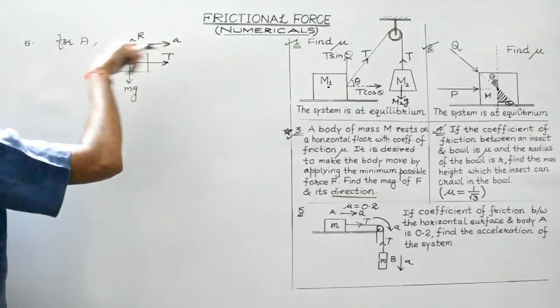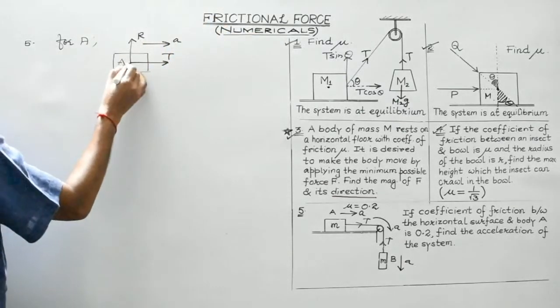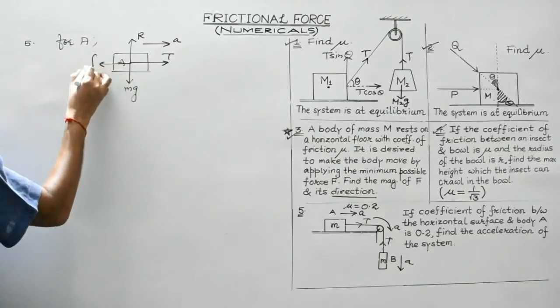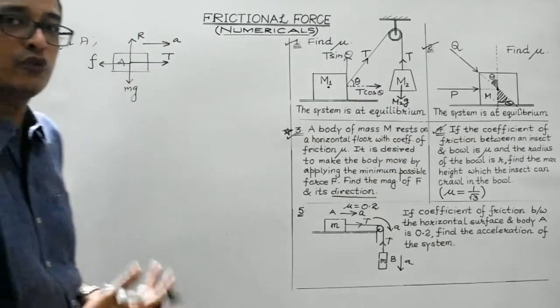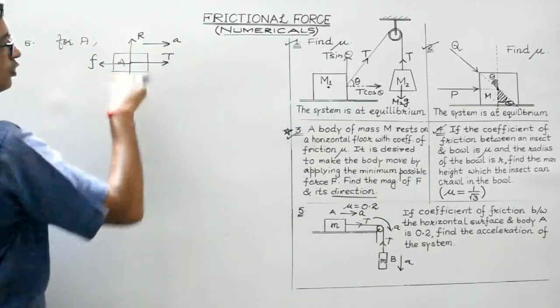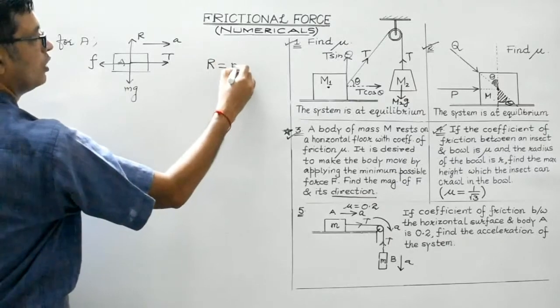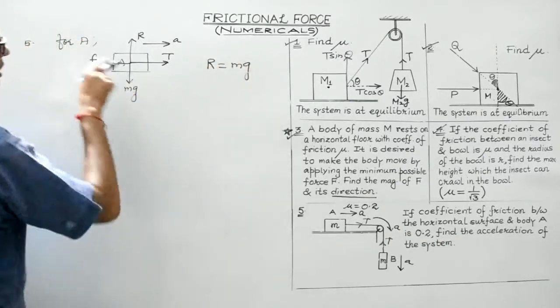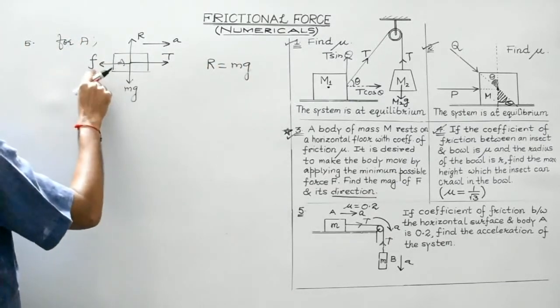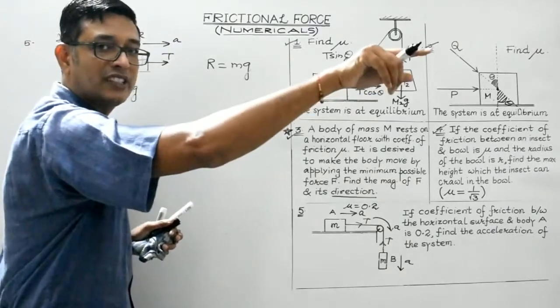The body is moving along that direction, so force of friction, being opposing in nature, will act in a direction opposite to which the body moves. Obviously no net force is acting in the vertical direction, so R should be equal to mg, and T is dominating as compared to frictional force. That is why the body is getting accelerated along the direction of the tension, right?